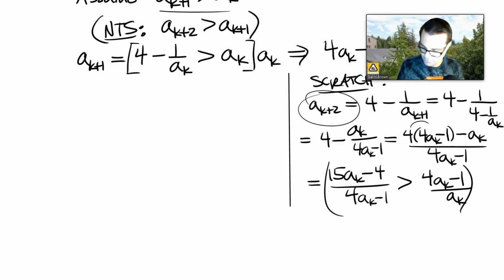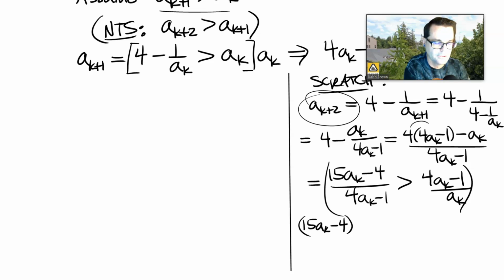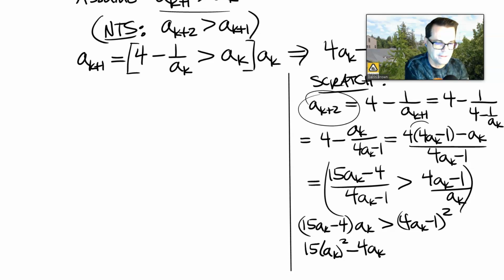Move this a little bit more. So we get 15a sub k minus 4 times a sub k. We need to show that that's bigger than 4a sub k minus 1 all squared. But on the right-hand side, notice that that is 16a sub k squared minus 8a sub k plus 1.